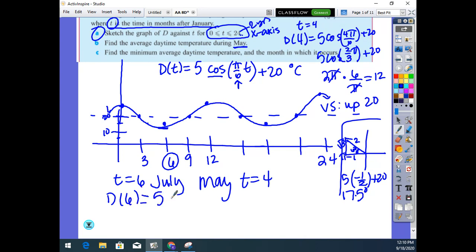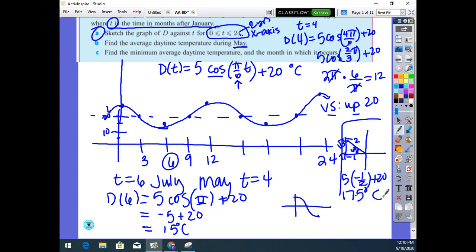So we have 5 cosine of 6 times pi over 6, which is just pi, plus 20. For pi, we can just use our cosine curve. That's -1. So -5 plus 20 is 15 degrees Celsius.